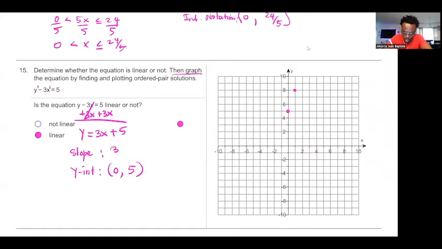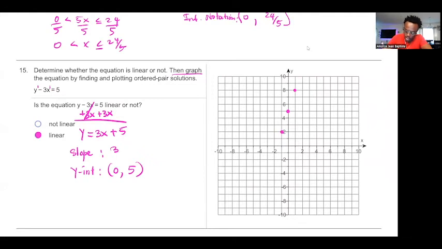If you want, you can have another one. You can go down 3, but this time you're going to go left: down 3, 1, 2, 3, and then left 1.